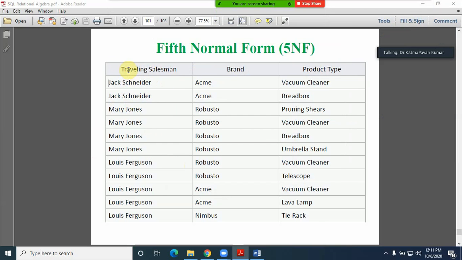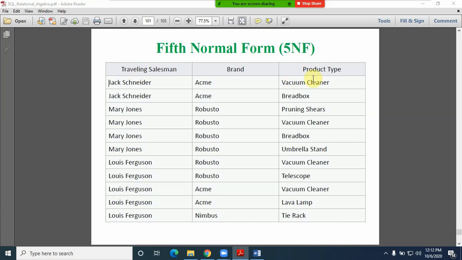Because if I am considering traveling salesman and brand, he is selling the same brand with different product types. I cannot take traveling salesman and brand as the primary key, because there is a repetition. And similarly, if you are observing traveling salesman and product type, there are multiple products, friends. There are multiple products, and as well as multiple salespersons with the same name. I cannot take this also as a primary key.